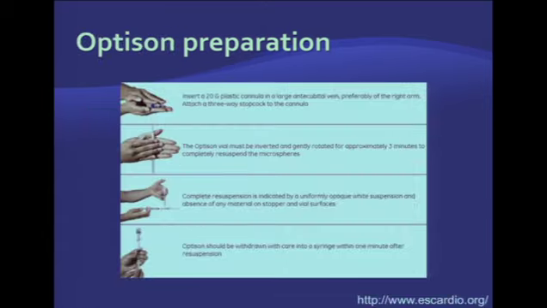Optison is supplied as a ready suspension of microbubbles. It's agitated by gently rotating the vial for approximately 3 minutes and then is ready for injection. Same as other agents, it has a couple of hours of shelf life once agitated and can be used on different patients if needed.